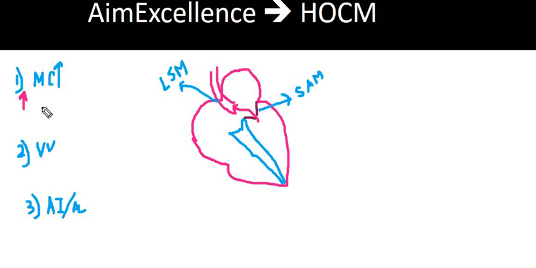So what conditions actually increase this myocardial contractility? Remember this mnemonic: sympathomimetic amines, exercise, and digitalis.